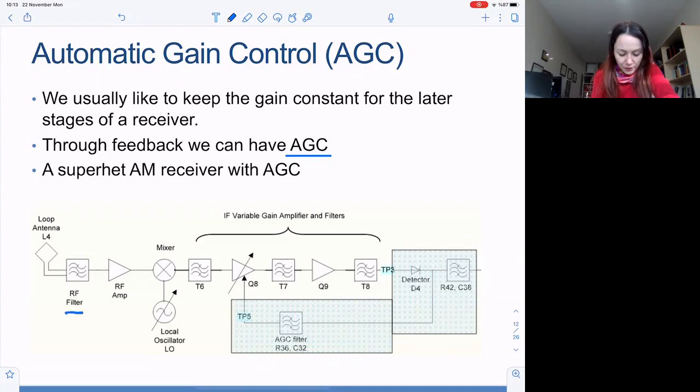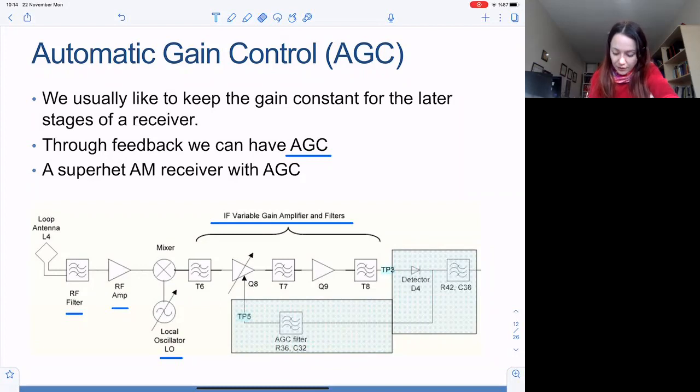So after the filtering and amplification in whatever order they are, there is a mixer with the local oscillator, and the result is fed to a stage of variable gain amplifiers and filters with a feedback loop.